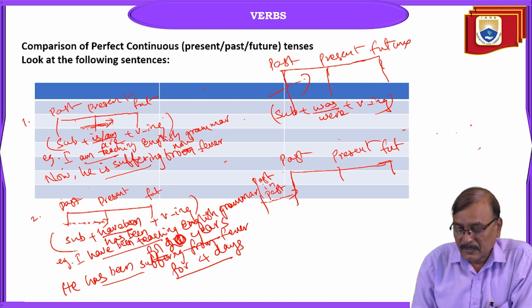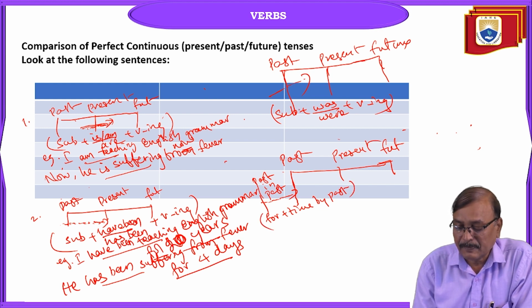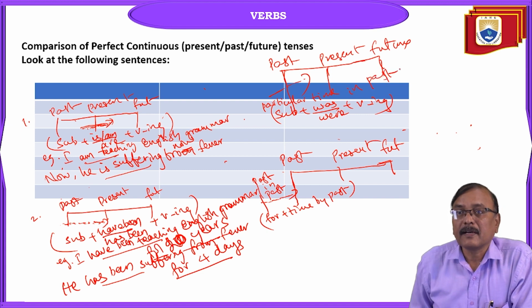right? So what is the hint here? For plus time by past. Here it is a particular time in the past. Particular time in the past.